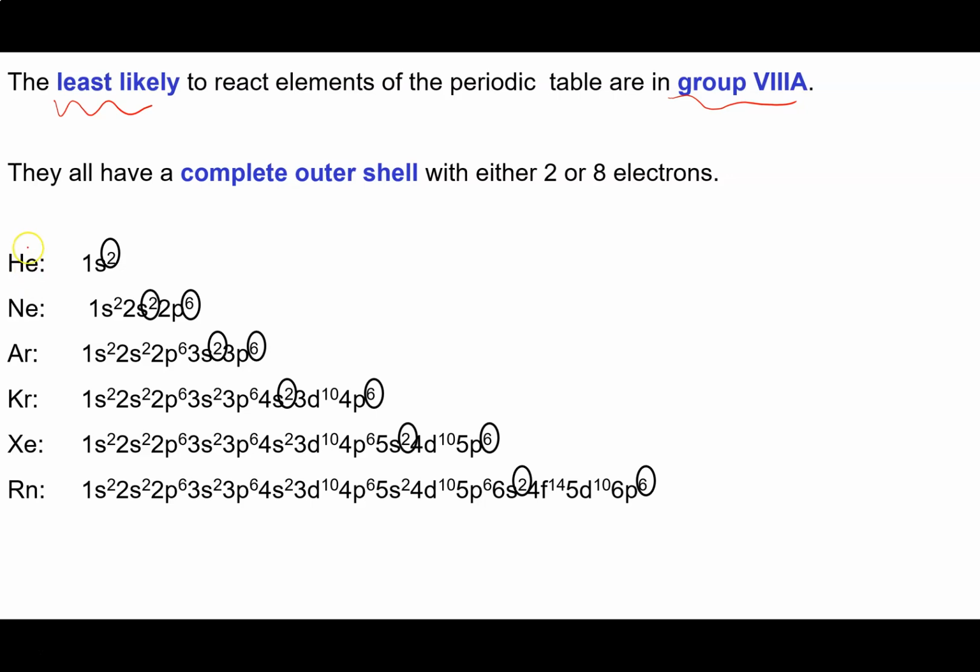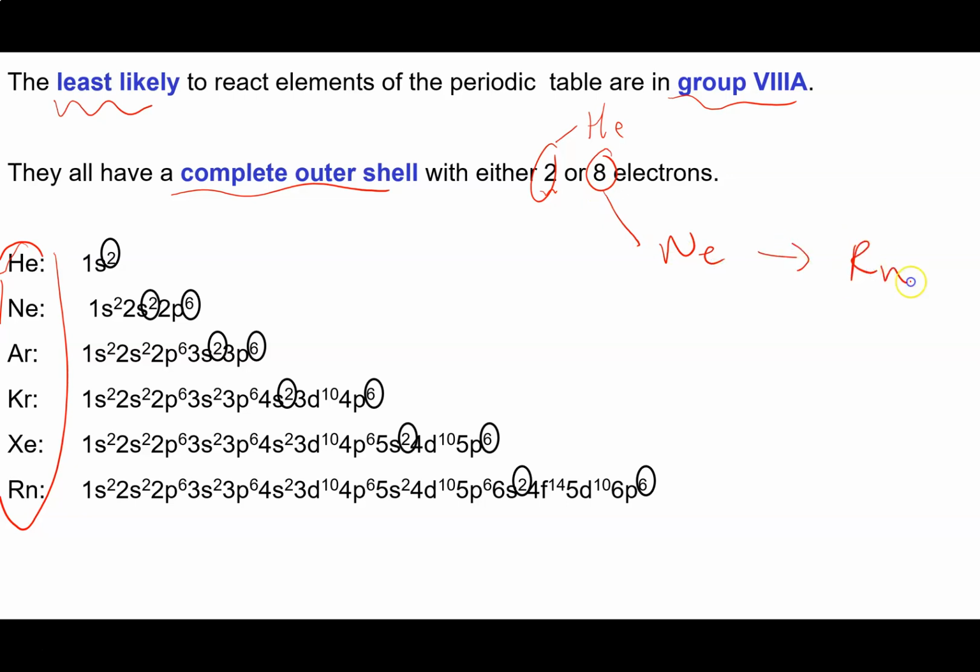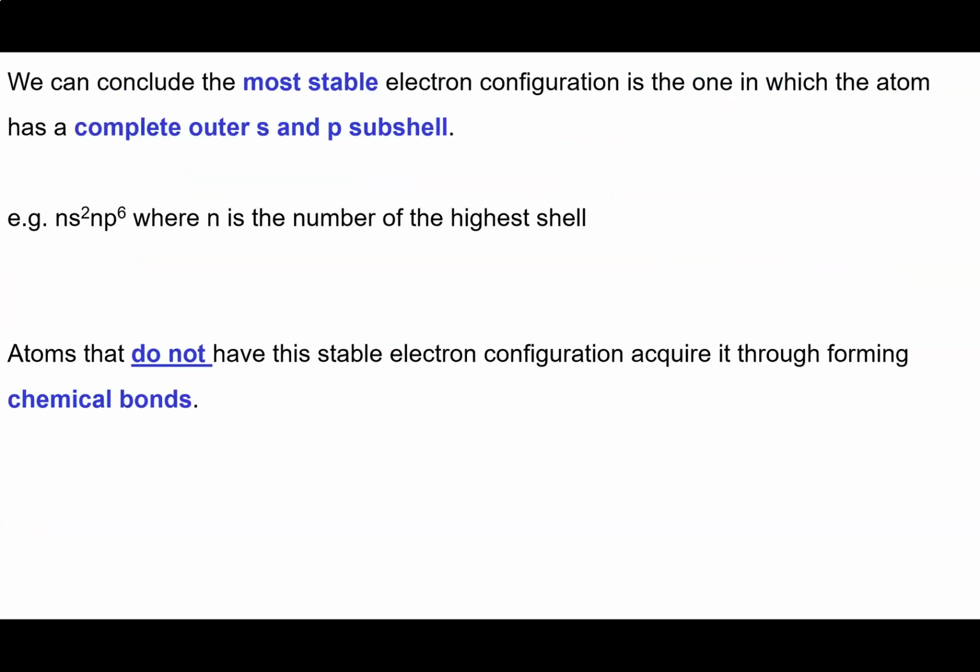And all of these elements, helium through radon, they all have a complete outer shell that has either a completely filled up s subshell in the case of helium, or a completely filled s and p outer subshell in the case of everything else from neon through to radon. So you can see that illustrated here. Most of them have this completely filled s and p outer subshell with 8 electrons in it, except for helium that just has a completely filled 1s.